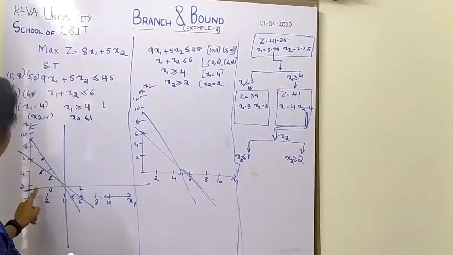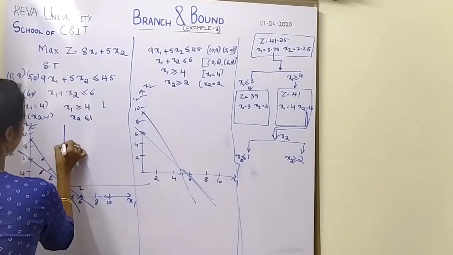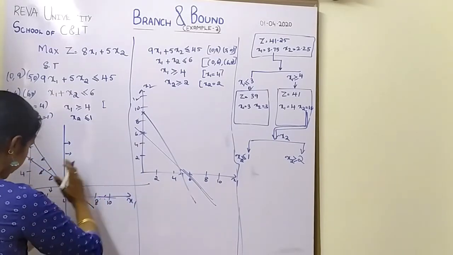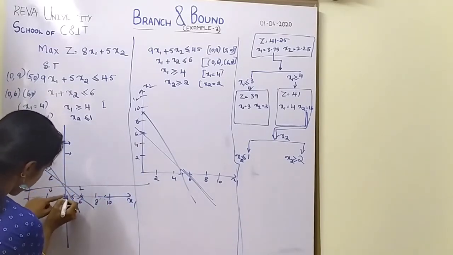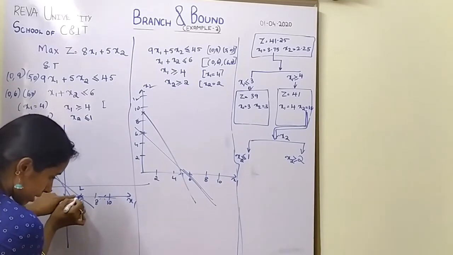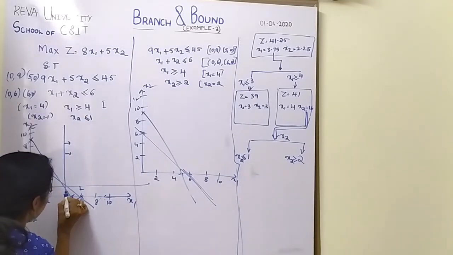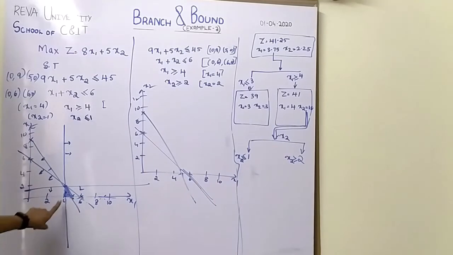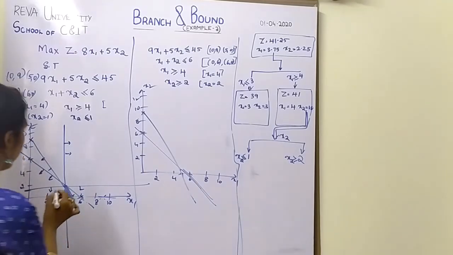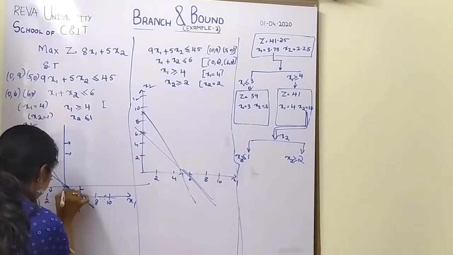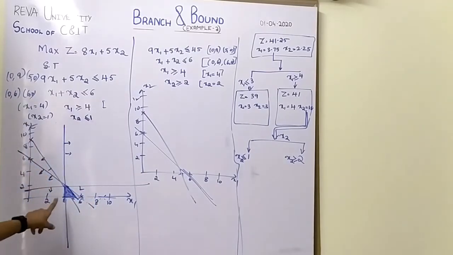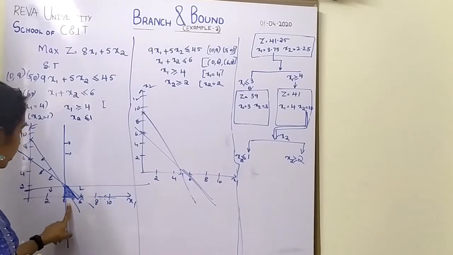And x1 says the value should be greater than. So we have to consider this part and all which comes under this. See, this comes under this, this comes under this. So you will get only this portion as a feasible region.